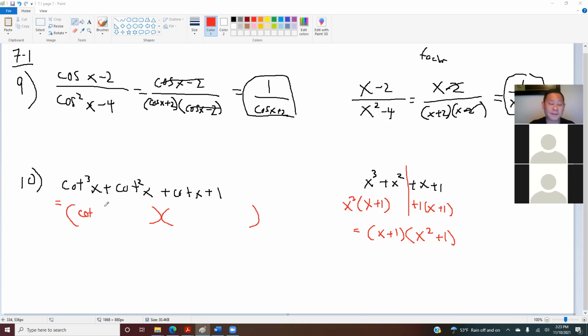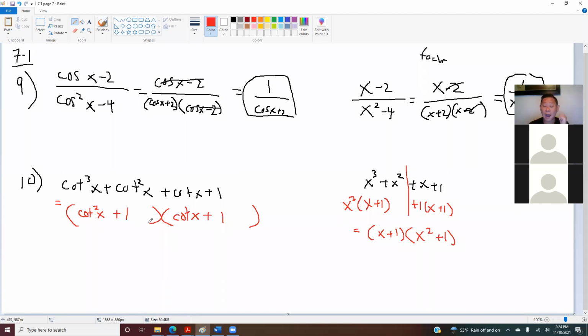Kevin, can you press on? I cannot. Cotangent what? x squared plus x plus 1. Cotangent square x plus 1. And what else? Cotangent x plus 1, right? Or the other way around.